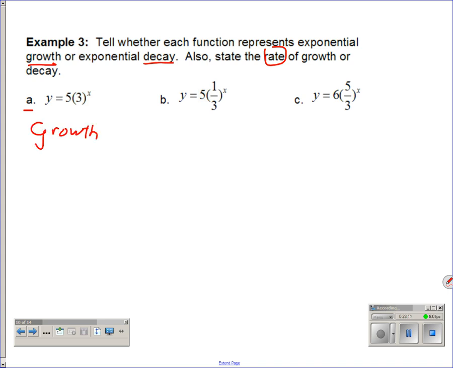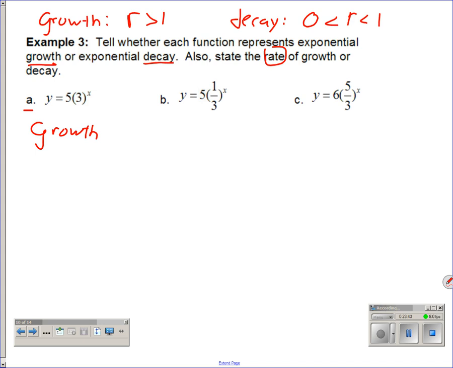Growth. Just a recap, I don't know if I really wrote this down, but it's growth when our B value is greater than 1. And it's going to be decay when we're dealing with these types of problems, if our value is greater than 0 and less than 1, it can never be negative.